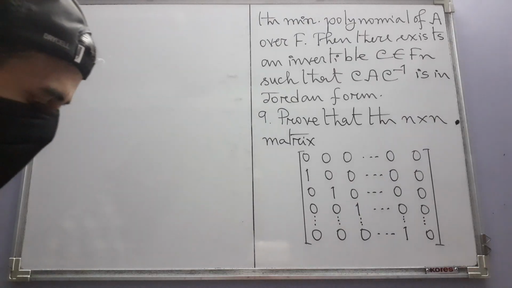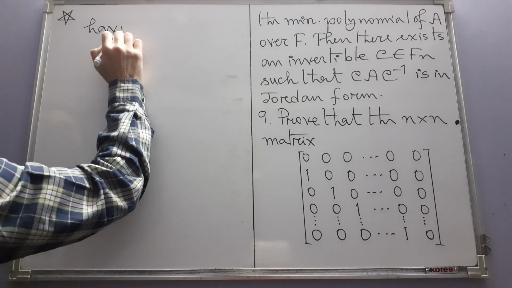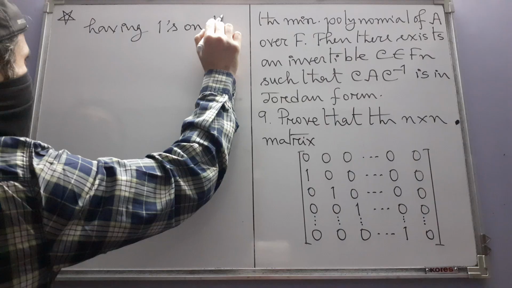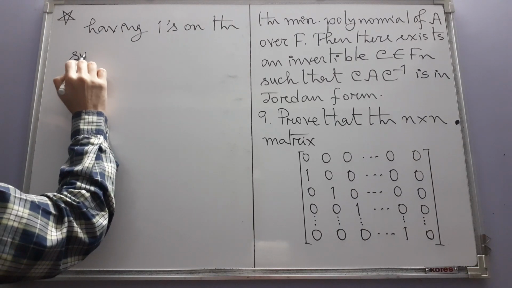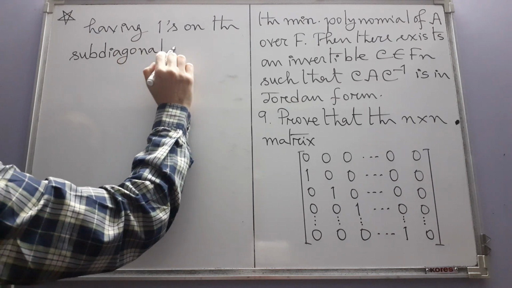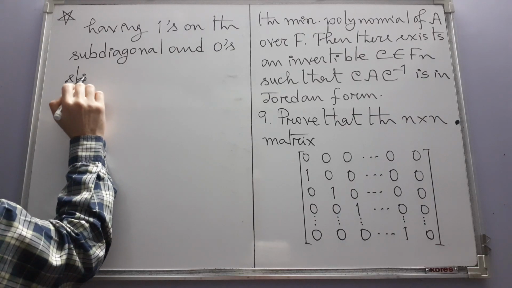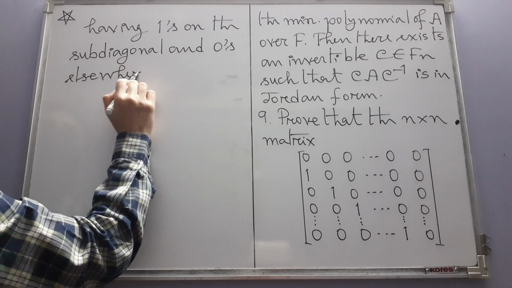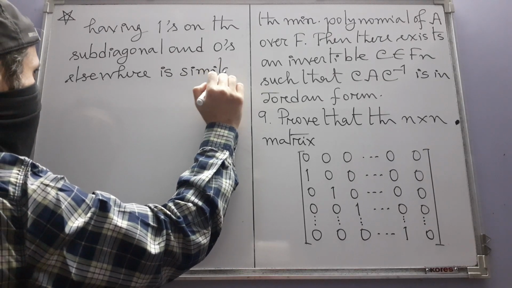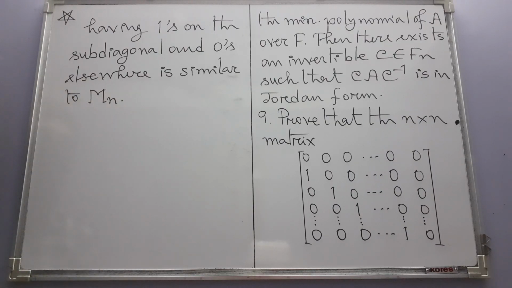Prove that this n by n matrix having ones on the sub-diagonal and zeros elsewhere is similar to the matrix Mn.